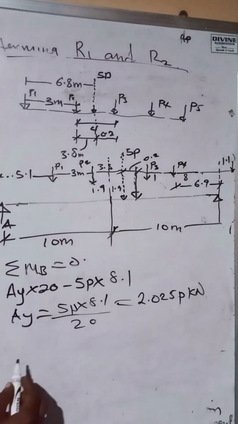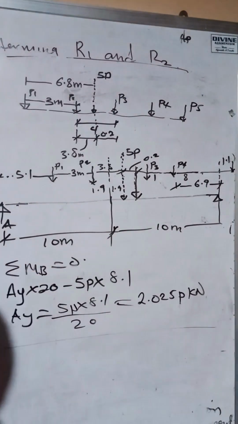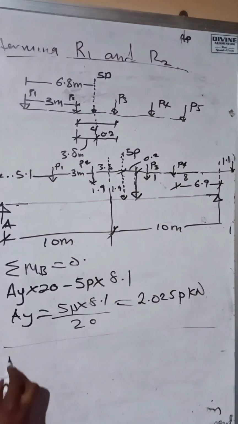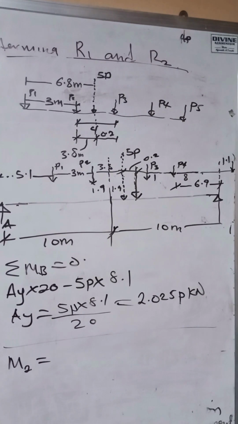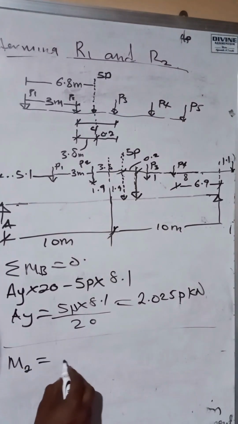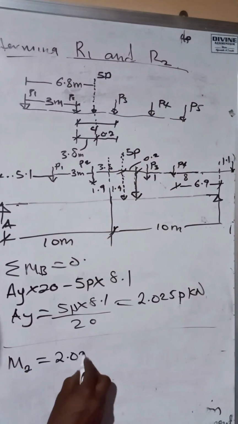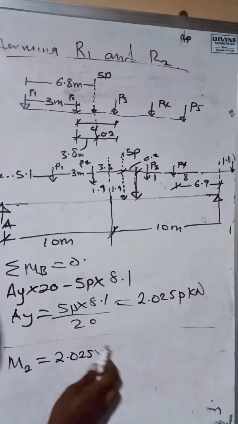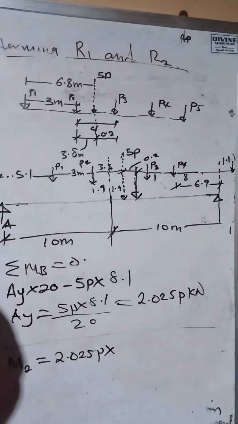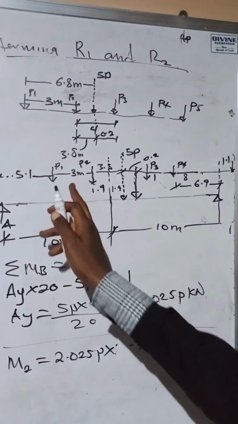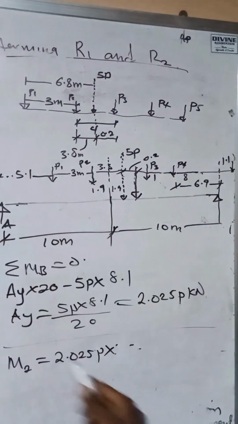So now let's consider point 2. Moment at point 2 will become 2.25P times the distance from here to P2, which is 3 plus 5.1, which is 8.1.